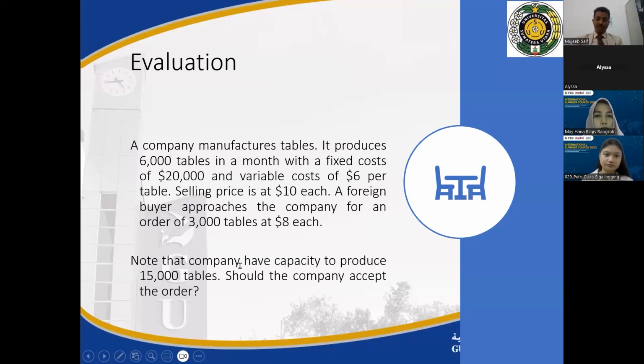So what is the idea of this exercise? The success of managers depends on the managerial accountant. If you work as a managerial accountant, the manager will come to you and ask you to provide information and advise whether to accept this order or not. Then you will prepare a report and advise the manager.